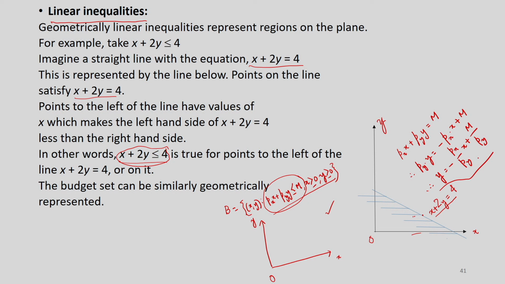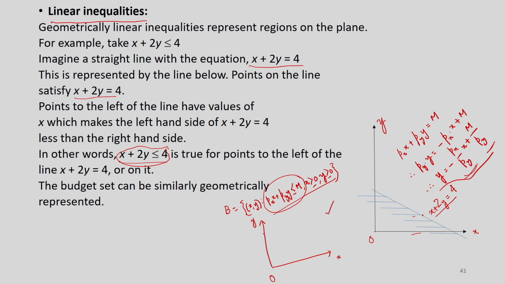Okay. So, this is what we get, and this is a straight line, right. It is a linear equation. It has a negative slope because the coefficient of x is negative, and there is a positive intercept on the y axis which is given by m divided by p y.